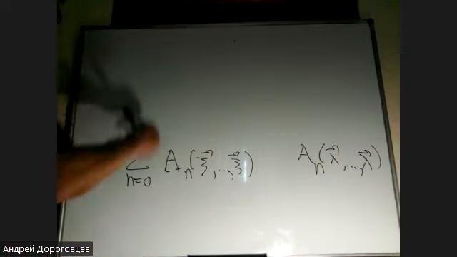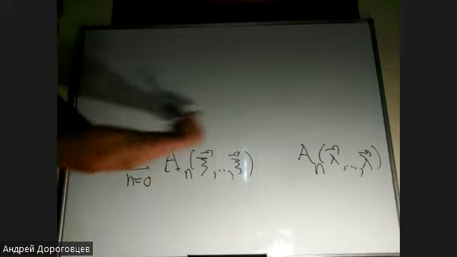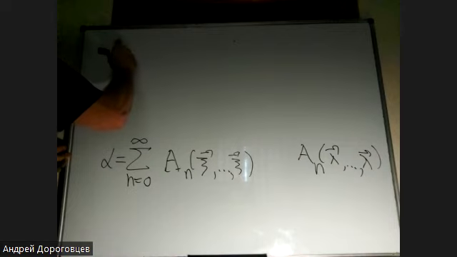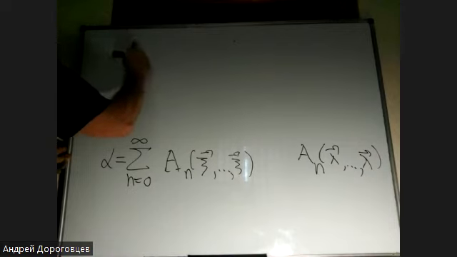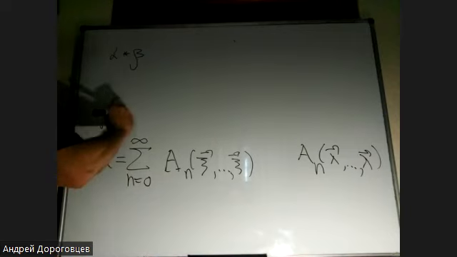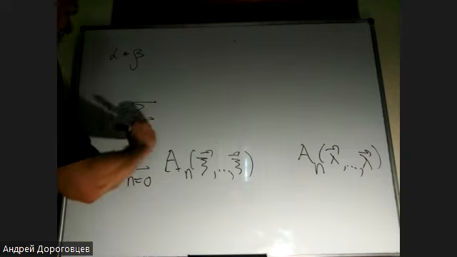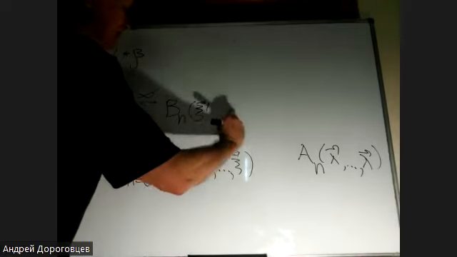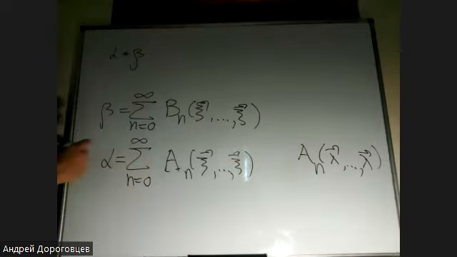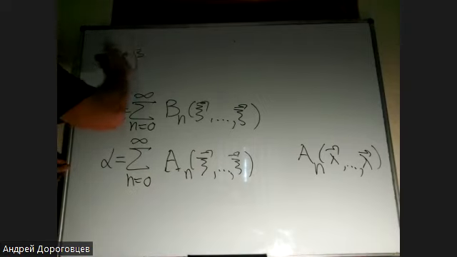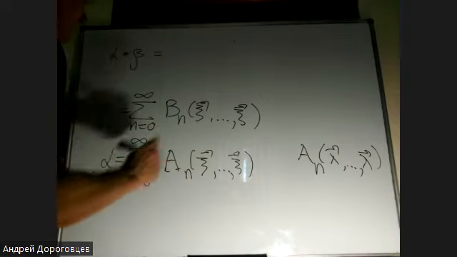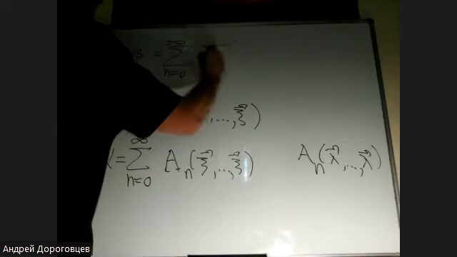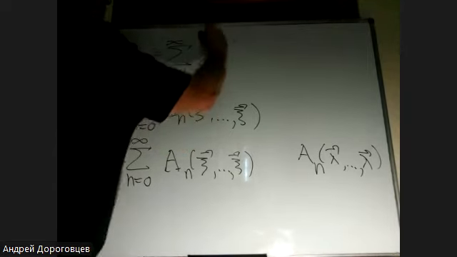So when we have such expansion, I will say that alpha, and here weak product beta, where beta have the same representation, sum of n equals 0 to infinity bn psi, psi, psi, that weak product alpha beta is equal to sum from n equals 0 to infinity, sum from k equals 0 to n.